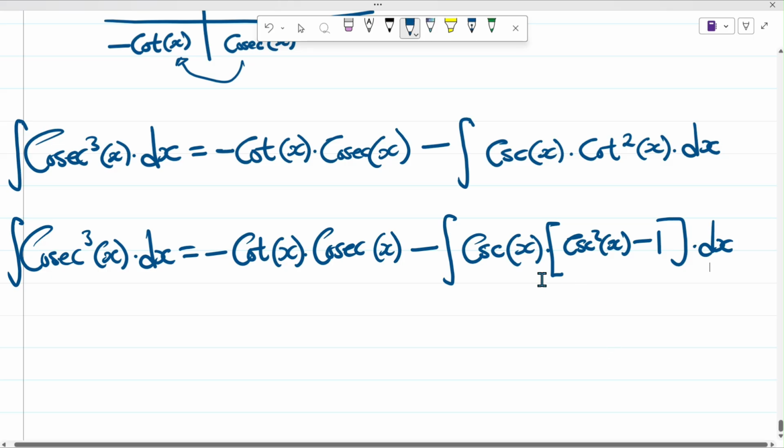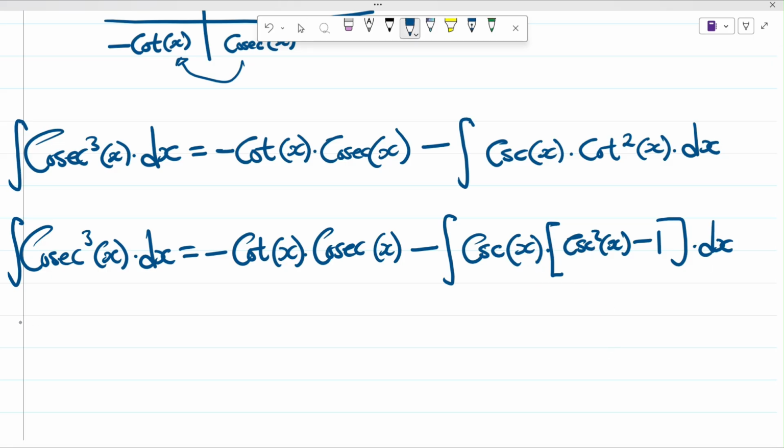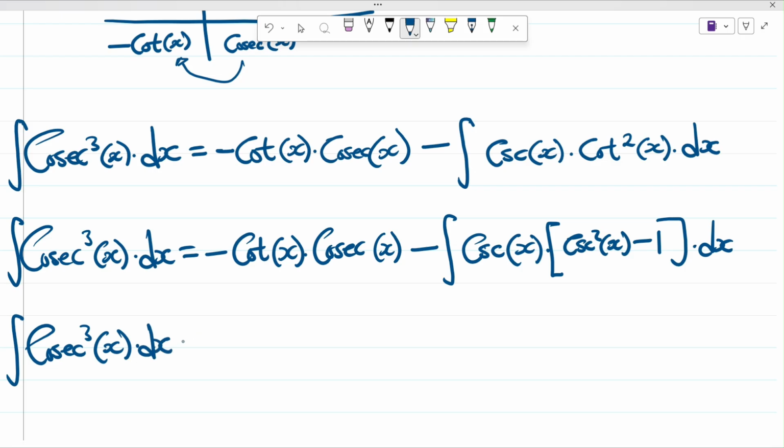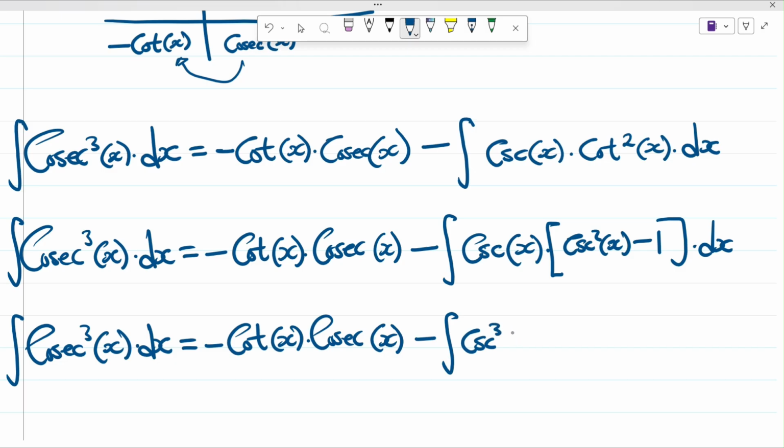So now let me remultiply again. So this is going to be cosec cube of x dx, which is equivalent to, I copy down again, negative cot of x multiplied by cosec of x minus the integral of cosec cube of x dx.